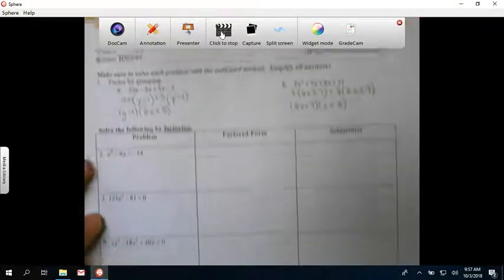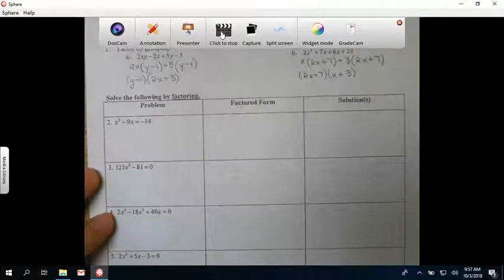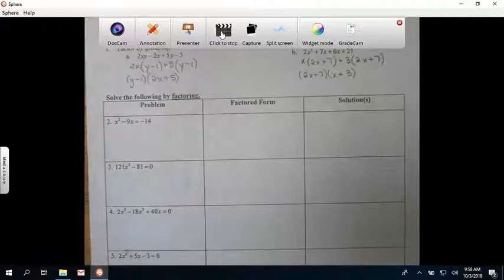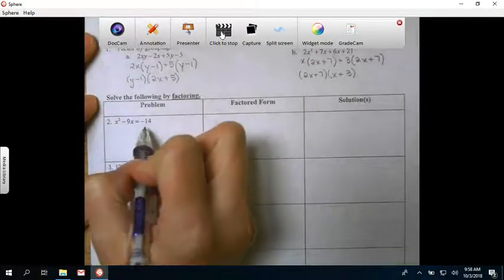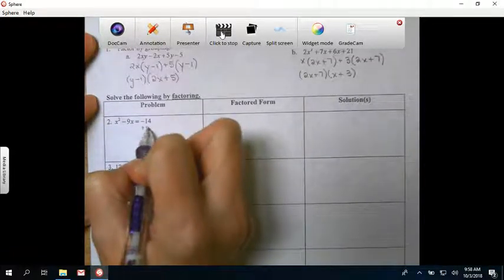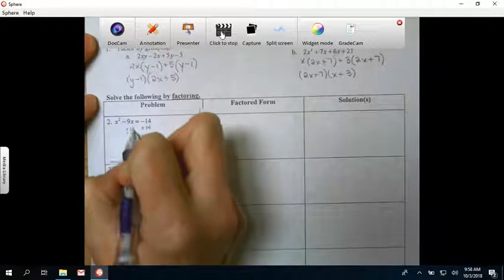And on this next set of problems, we are going to factor it, and then we're actually going to solve it. So I will find what the values of x are that make it 0. So right here, I need this to be in standard form, so I need to go ahead and add this 14 back to the other side.